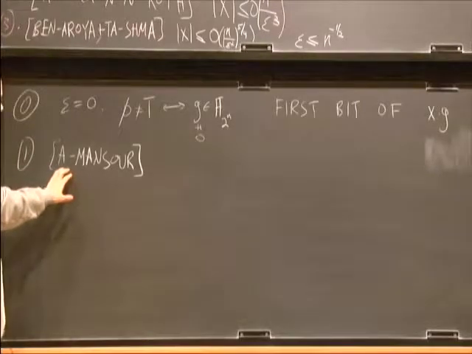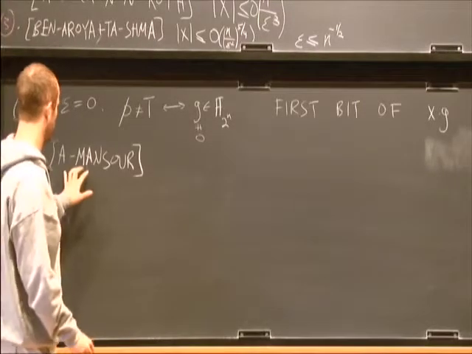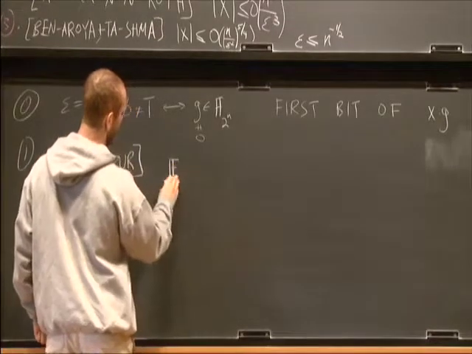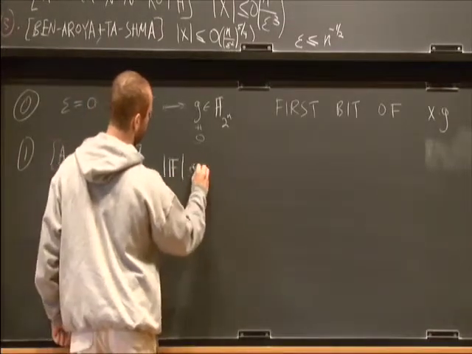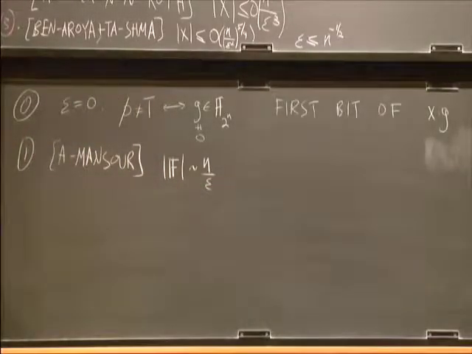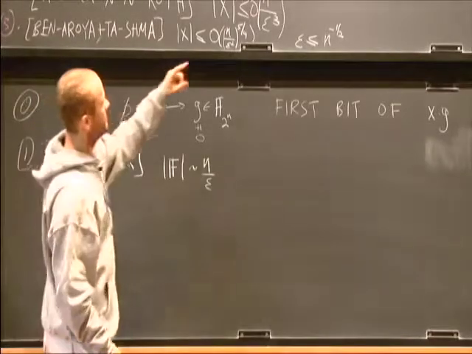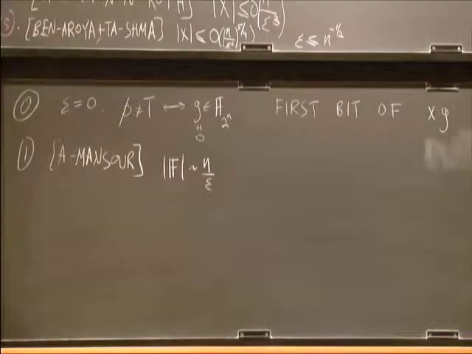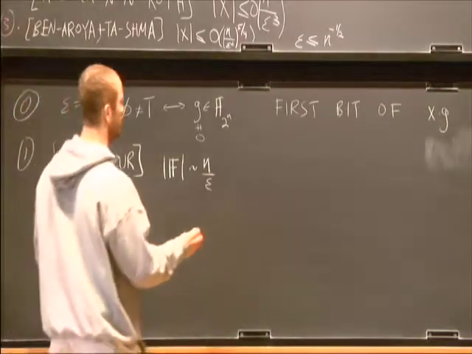How do you do this? What they suggested is we take a field F of size roughly n over epsilon, and we will choose the set X not explicitly but sort of implicitly. How will we do it?